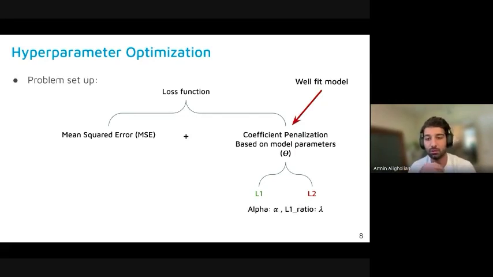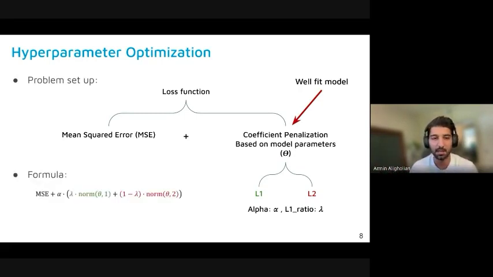To do that, we have two knobs to turn and adjust to find the best solution, or the well-fit model. So at the end, the loss function is MSE, mean square error, plus alpha, which is one of those knobs, multiplied by that normalization section.